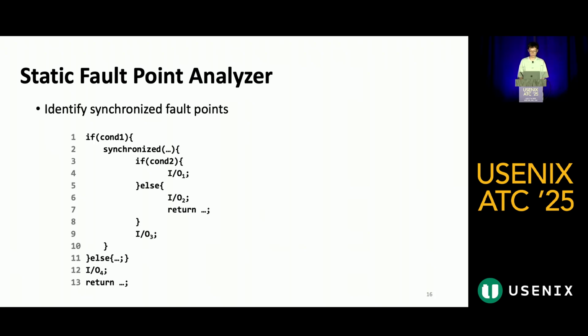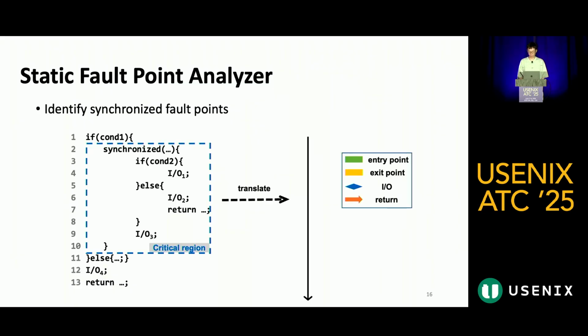The scope from lines 2 to 10 is a synchronized critical region. The four points within this scope are synchronized. After translating this Java code into low-level bytecode, the critical region becomes sequential instructions marked by an entering and an exit point.